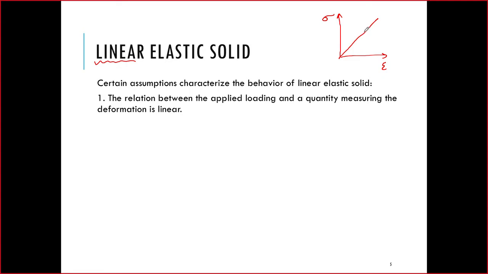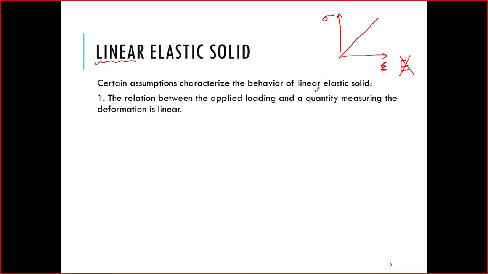However, it is good to clarify that, as you can see, I'm using my small strain tensor. I did not use the Green strain tensor. Why? Because this linearity often only holds true for small strains. Whereas if I start to go for very large strains, there are hardly any materials which will still obey linearity.